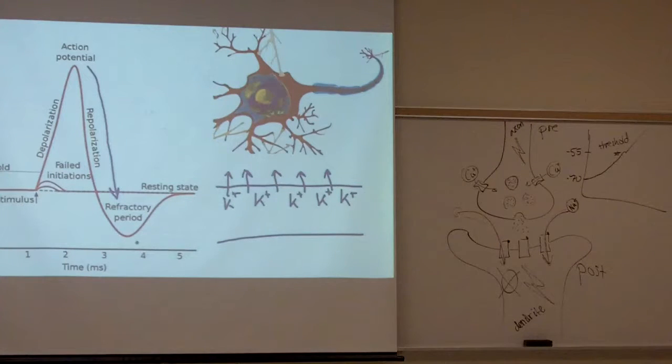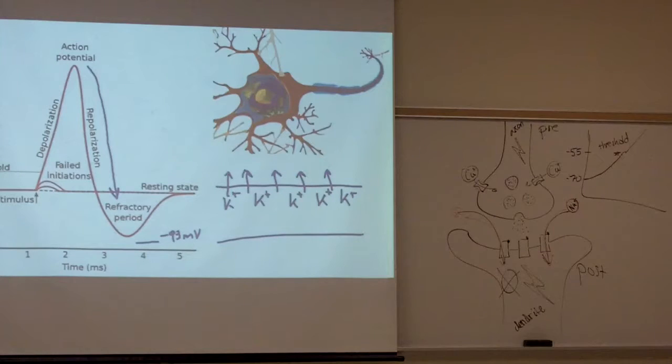Just like with sodium, potassium wants to reach its equilibrium potential, which is somewhere around negative 93 millivolts. And that is why the membrane potential is going down as it's leaving, because potassium wants the membrane potential to be at negative 93 millivolts. That is where it is most comfortable.